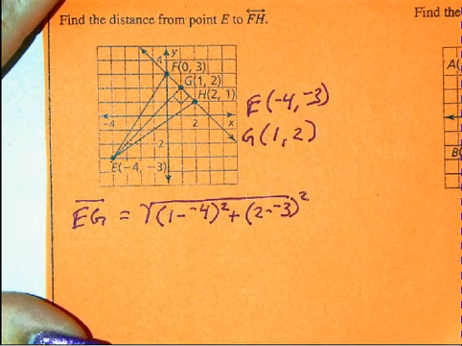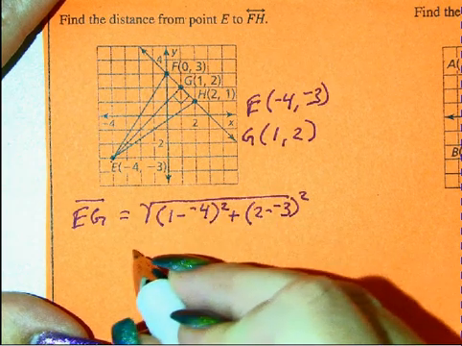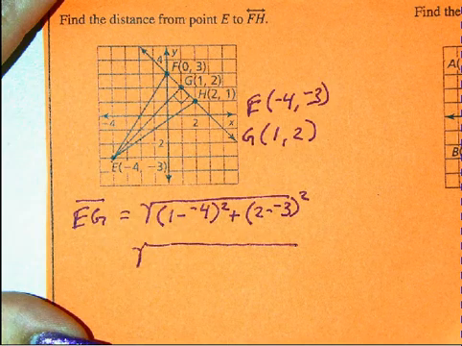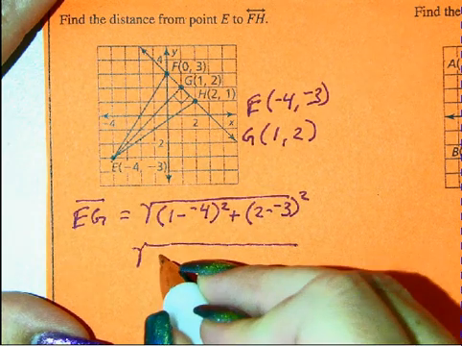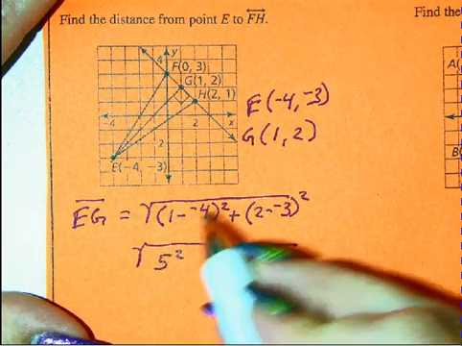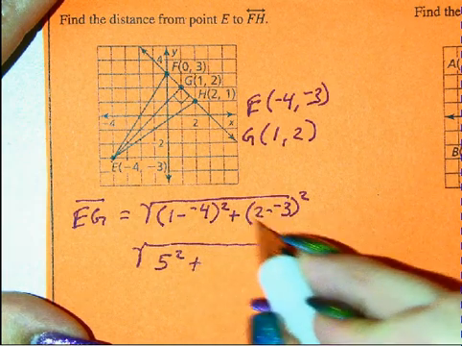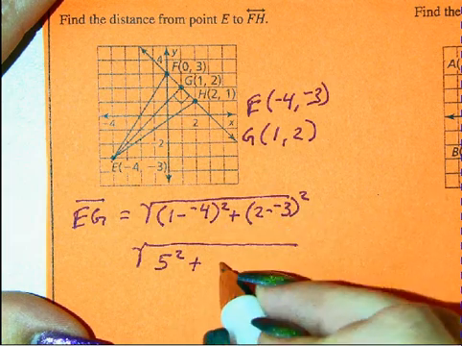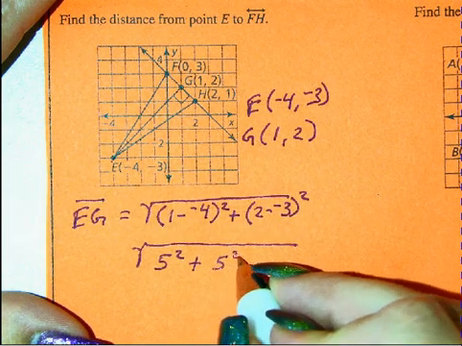Then I'm going to work inside of my parentheses. So square root of 1 minus -4, so that's like 1 plus 4, which is 5, squared, plus my next parentheses, 2 minus -3, that's also going to be 5, squared.